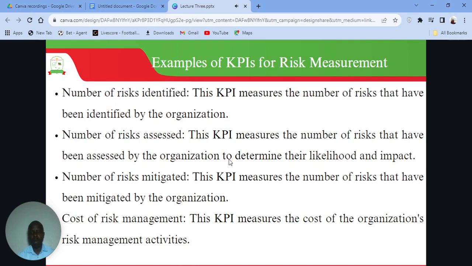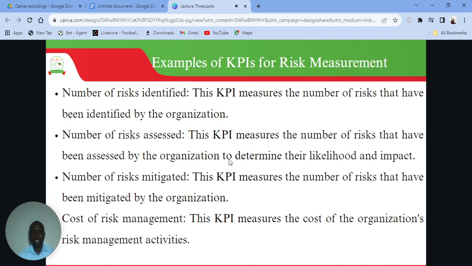Now, a number of examples of what we are referring to as key performance indicators are the number of risks identified. We are going to use these KPIs to measure the number of risks that have been identified by the organization. Also, the number of risks assessed. The KPI measures the number of risks that have been assessed by the organization.